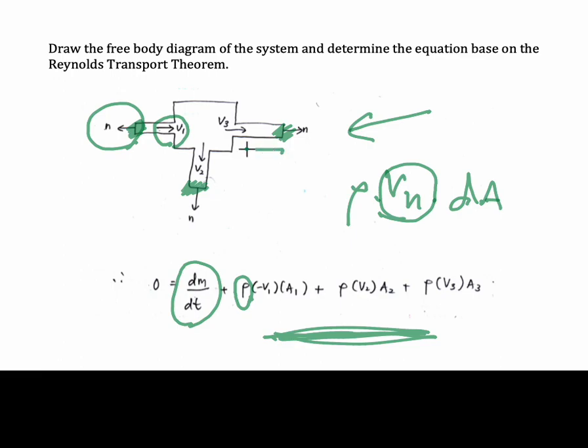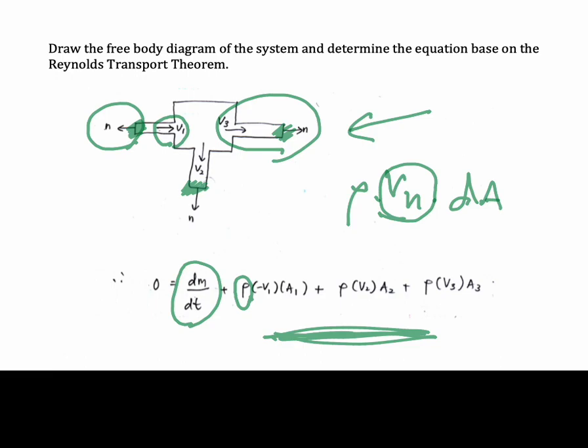However, if the direction of n and the direction of velocity are the same, you take a positive sign in your calculation. So please bear in mind, if the fluid flow is in the opposite direction to your n vector, you need to give a negative sign to the magnitude.